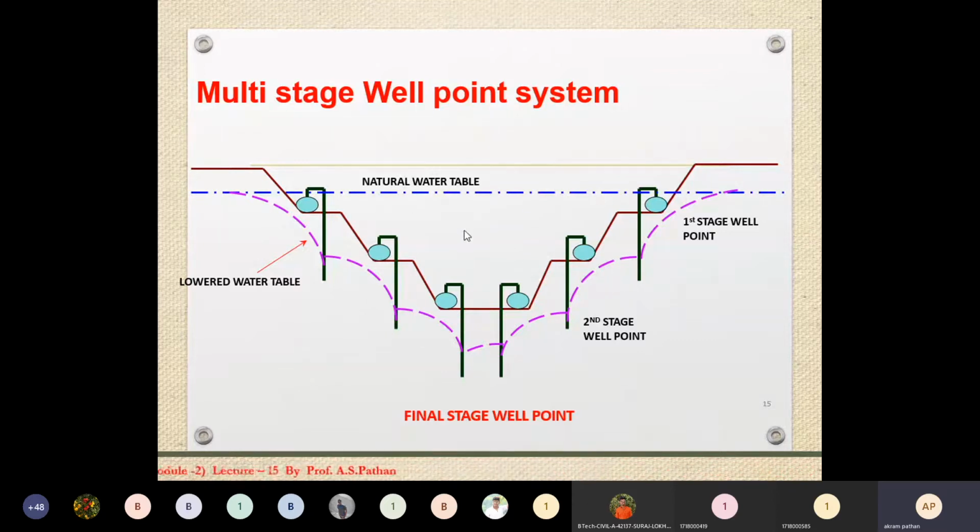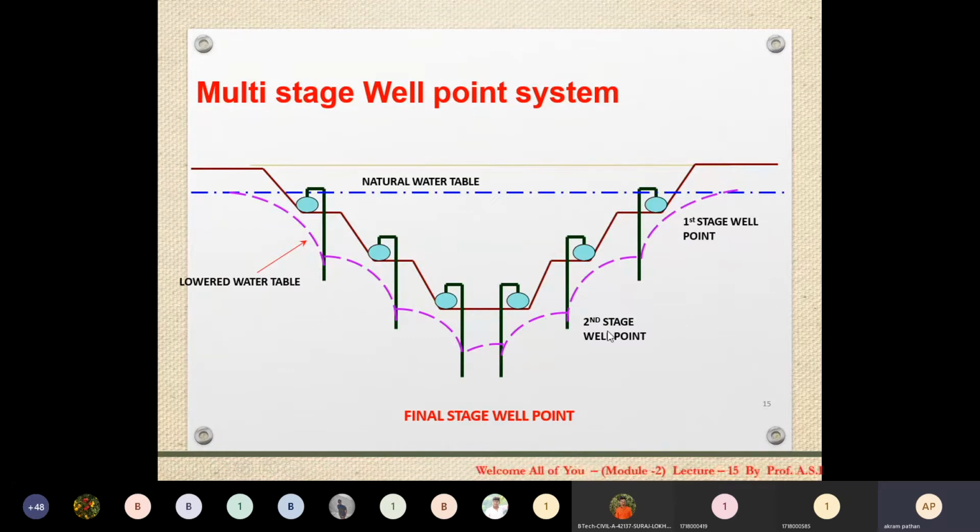The bridge pier is constructed across the river, and if you want to discharge the water, or do the dewatering of the bridge pier construction, and make a dry area for construction, then the multi-stage well point system is what we generally have to follow for the dewatering process.